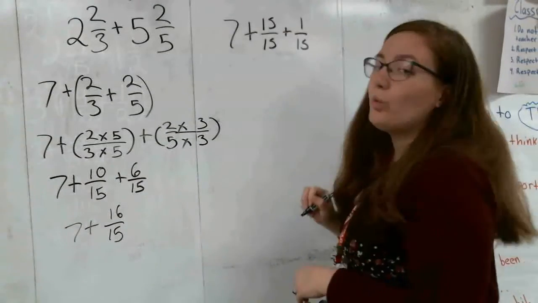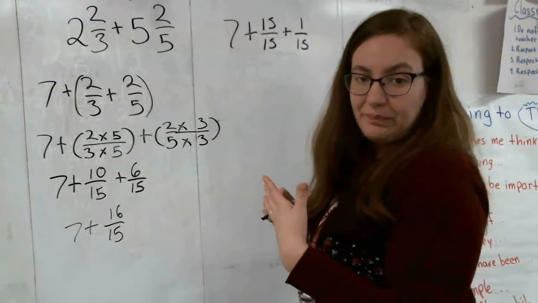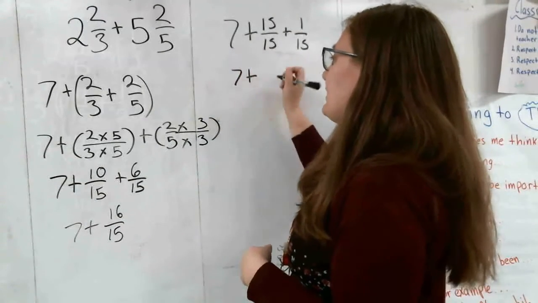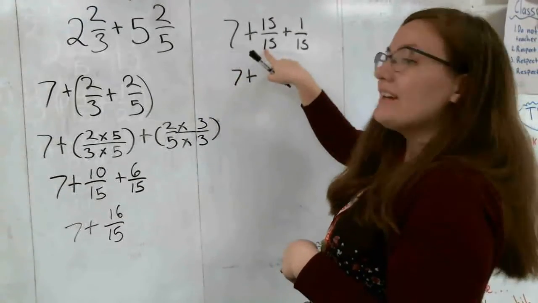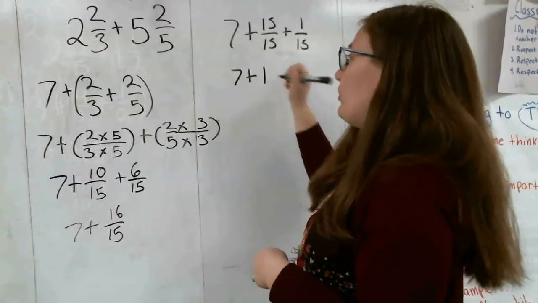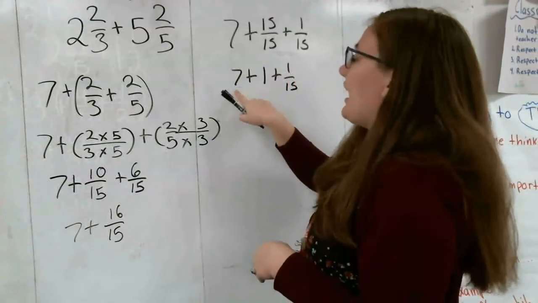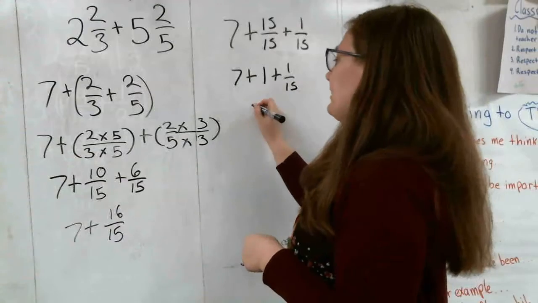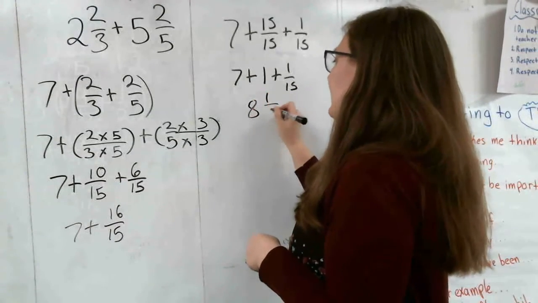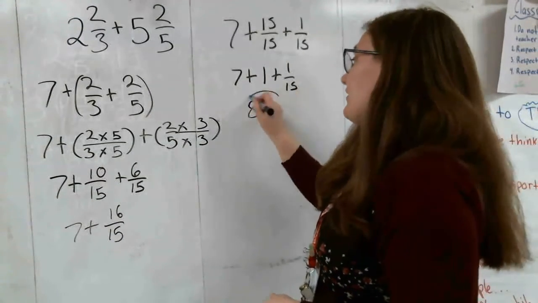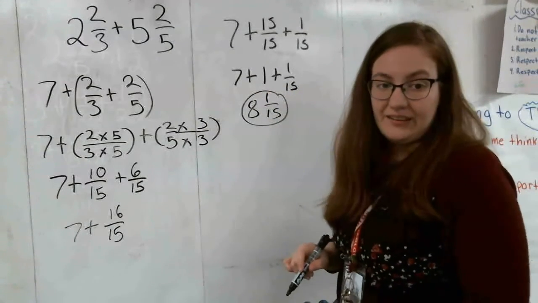Well, 15 plus 1 will give me 16. So now I'm going to rewrite this one more time. 7 plus 15 15ths will become 1 whole plus 1 15th. And then 7 plus 1 will give me 8. And then I'll add the fraction onto that to get my final answer of 8 and 1 15th.